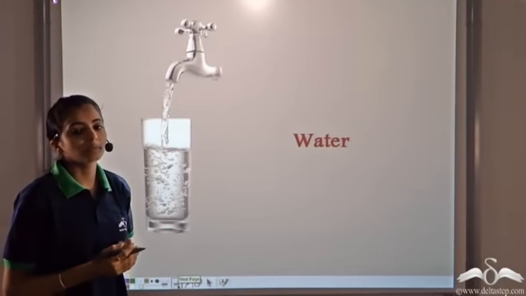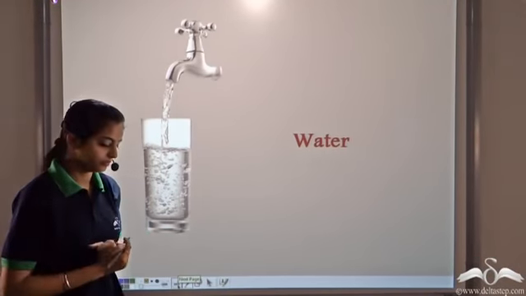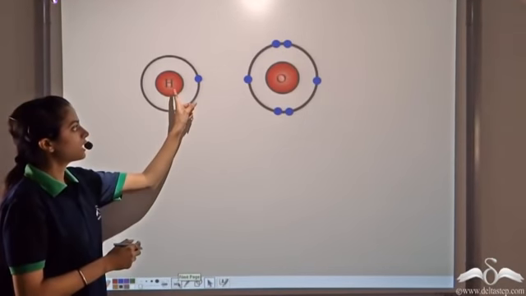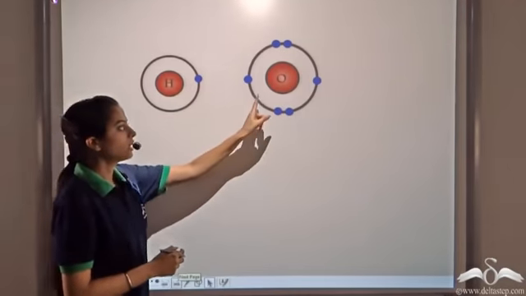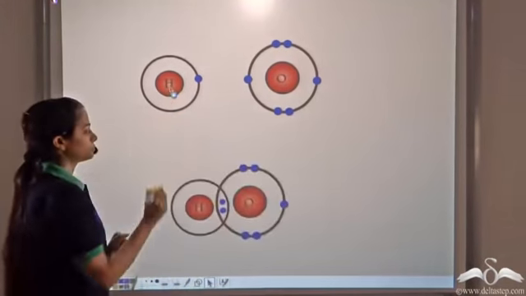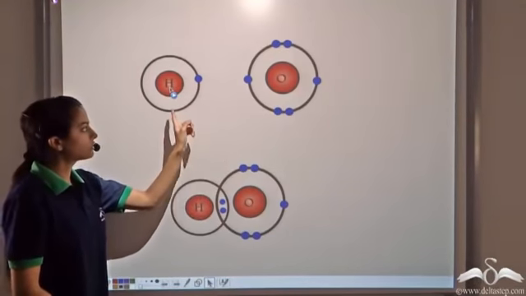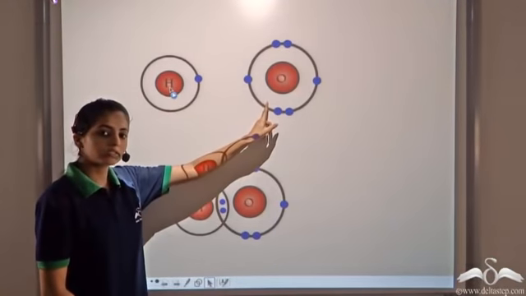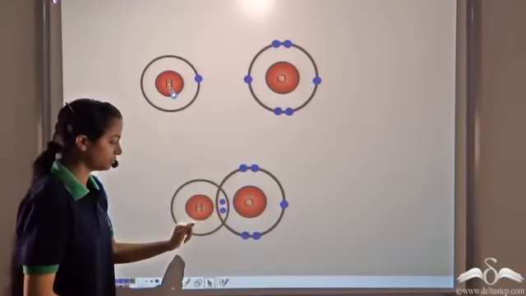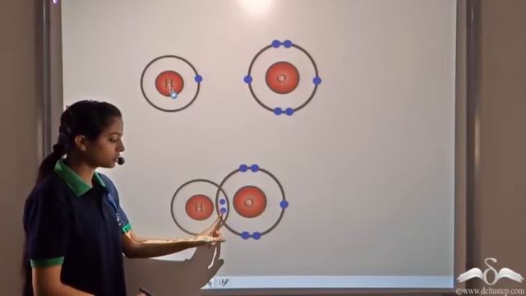Water is a compound of hydrogen and oxygen. Hydrogen has 1 valence electron and oxygen has 6 valence electrons. Now, in order to complete its duplet structure and its octet structure, hydrogen shares electrons with the oxygen atom. So now hydrogen shares 1 electron.